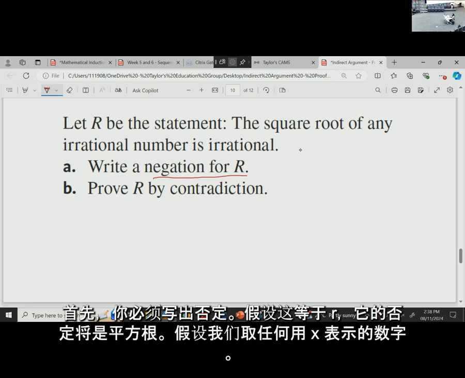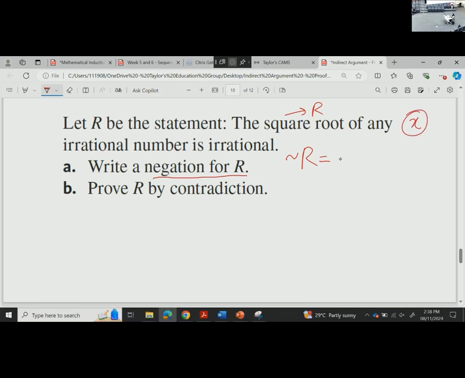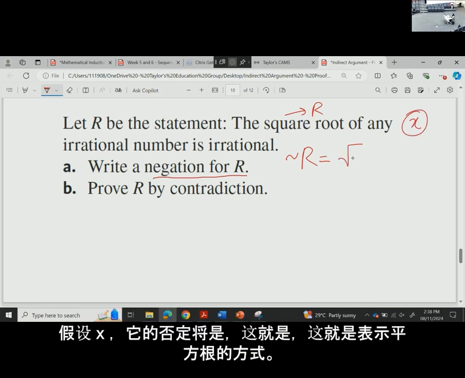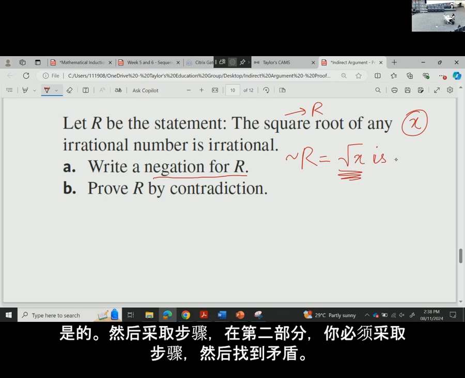Let's say this equals r. Its negation will be: let's say we take any number represented with x. Its negation will be that this is how you represent the square root.